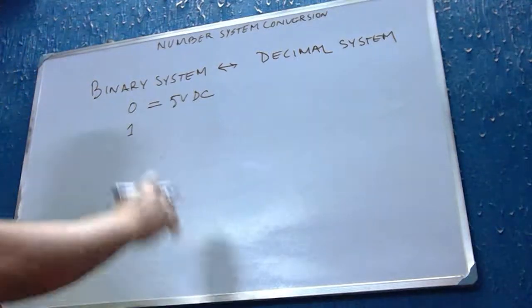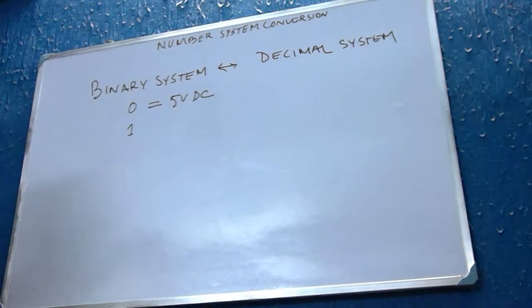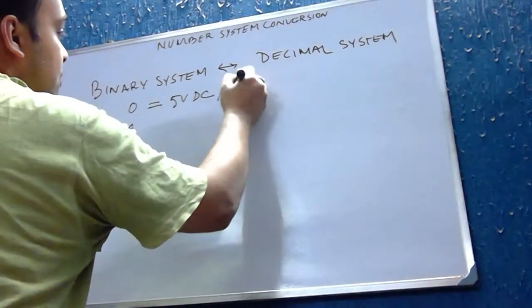So 0 can in some cases correspond to 5 volt DC. In some cases it can also correspond to 0 volt DC.